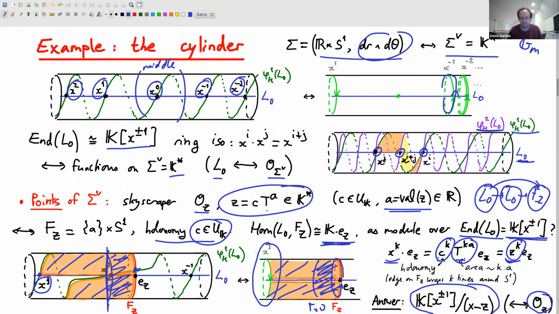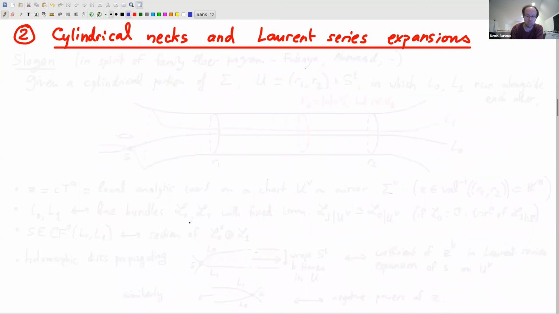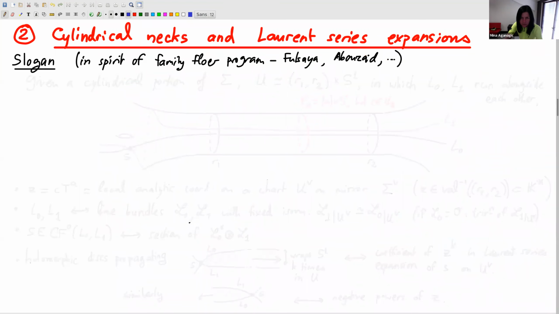All right, let's continue, in the hopes of getting somewhere. The slogan of the talk is very much in the spirit of what's known as the family Floer program, which has been pushed by Fukaya first and then developed more carefully by Abouzaid over the past decade. I would say Fukaya was the 2000s and Abouzaid more recently.